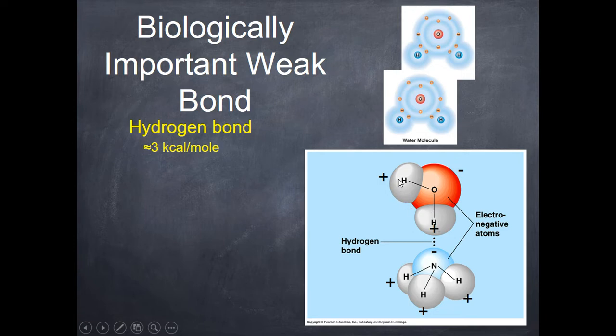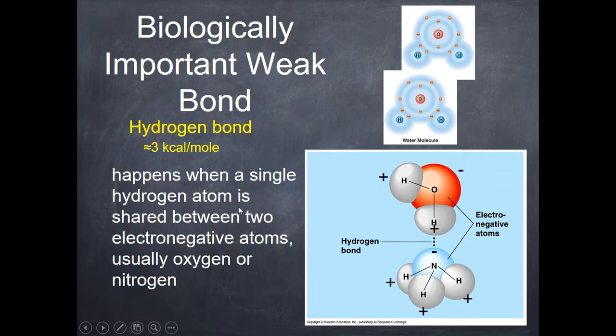That makes our hydrogens not have the electrons as much. So it's not a 50-50 custody of the electrons in these bonds, and so the hydrogens are slightly positive. Because they are slightly positive, they are going to be attracted to their opposite, which would be another slightly negative atom like another oxygen or a nitrogen.